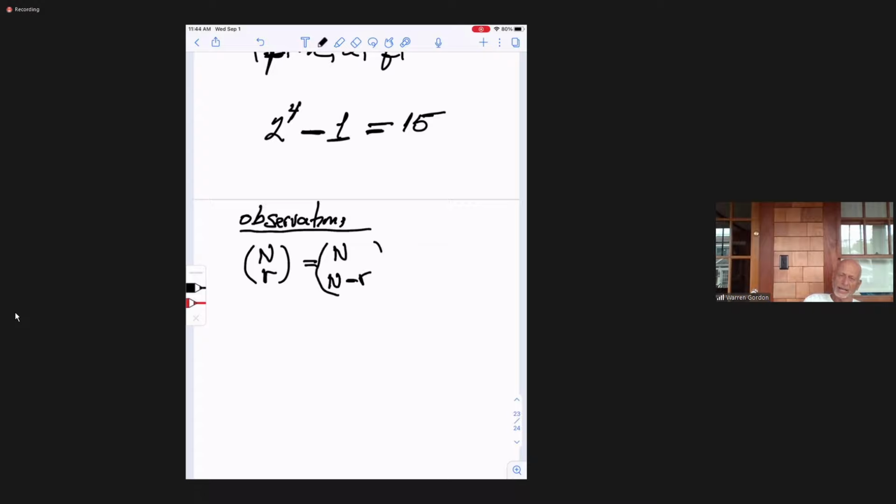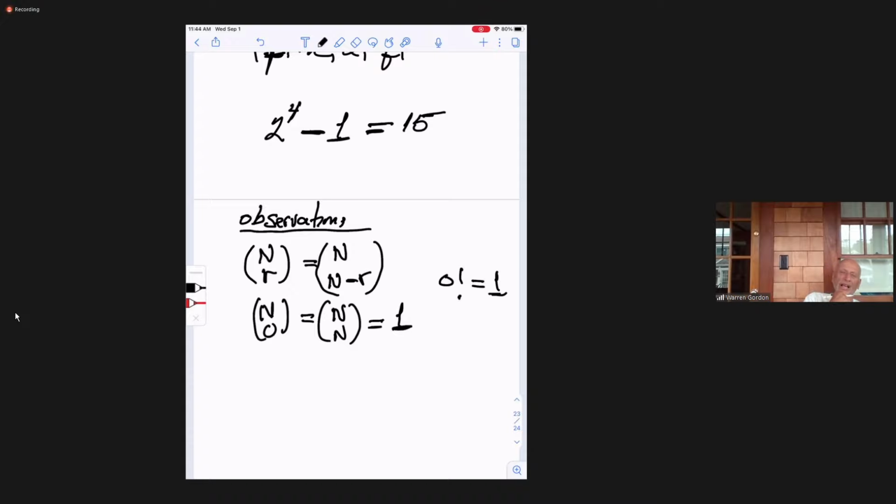And the interpretation we gave for this is that the number of ways I can choose a committee of r from n must be the number of ways I leave n minus r from n. We know n choose 0, by virtue of this, is equal to n choose n, which is 1. That's an interesting result. And in order for this to happen, we have to define 0 factorial to be 1.